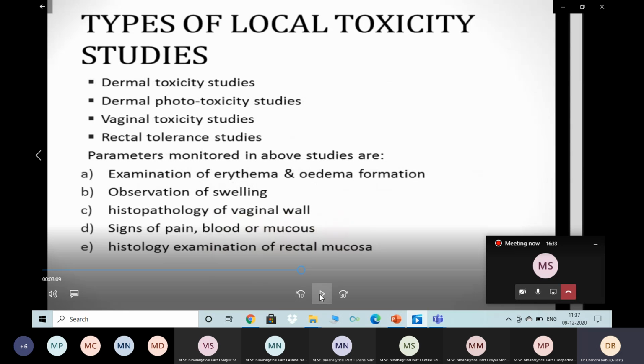These are called local toxicity studies. The parameters monitored in all these studies are examination of erythema and edema formation, observation of swelling, histopathology of the vaginal wall in vaginal toxicity studies, signs of pain, blood or mucus in all of them, and histological examination of rectal mucosa in rectal tolerance studies.